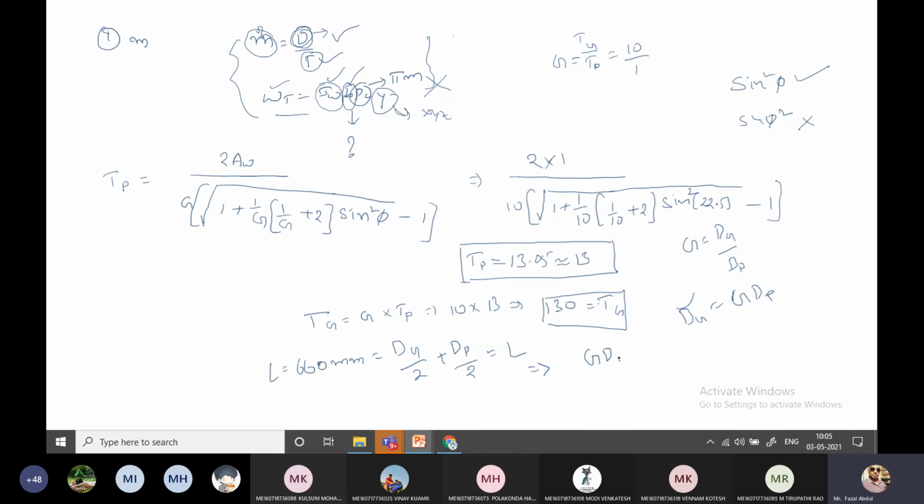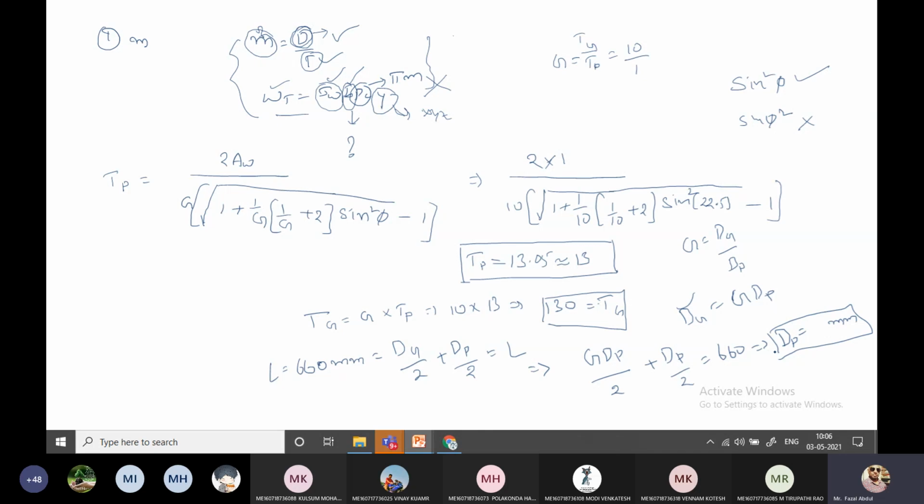G into dp by 2 plus dp by 2 equals 660. Now tell me the dp value in mm. Do it first, Babu.